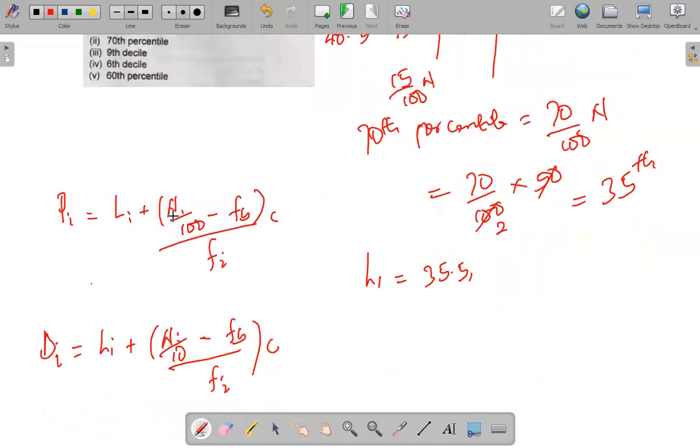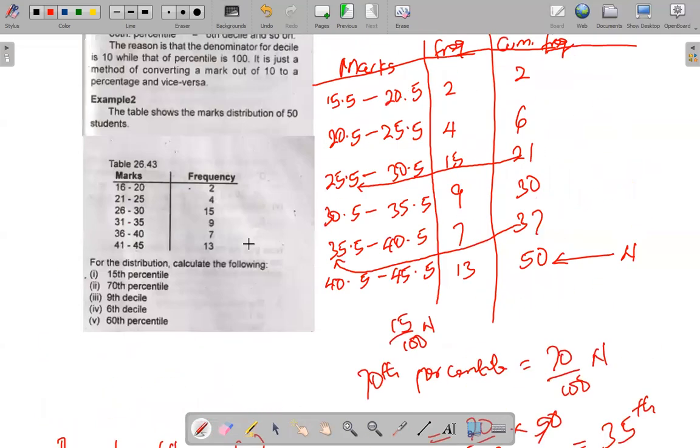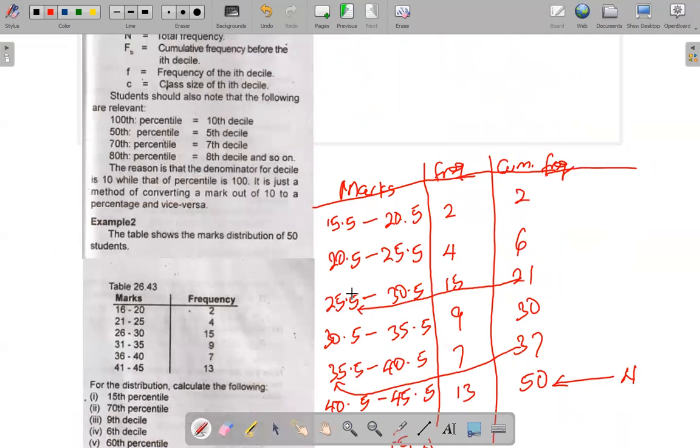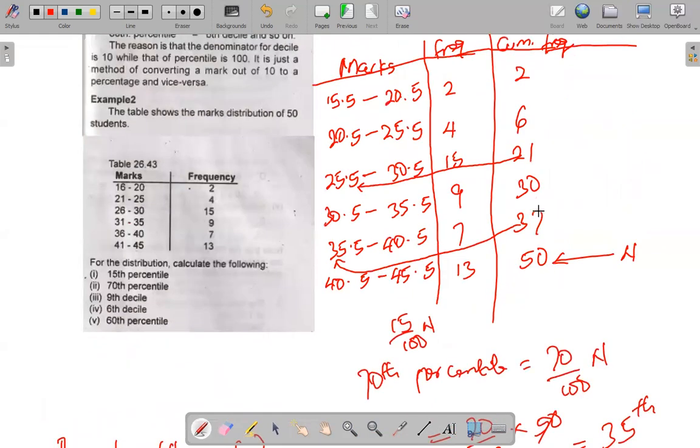Then what else do we need? N is already known. Remember, Ni here will be 70 over 100 times N. Then Fb is the cumulative frequency before the ith percentile. Our ith percentile in this case is the item that lies in the 35th position. The cumulative frequency before it is 30.